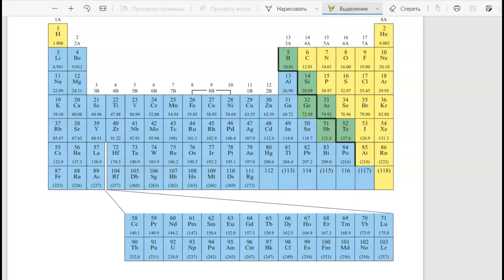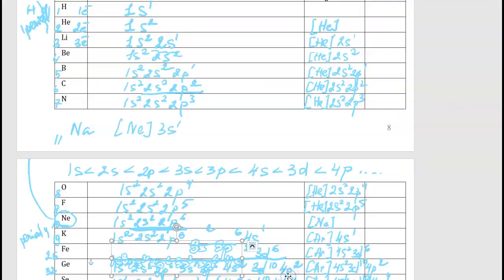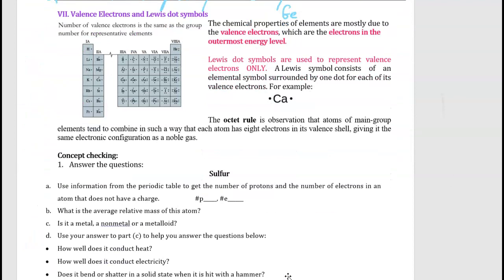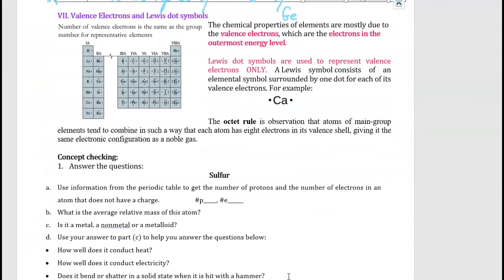Okay, but there is a definition: valence electrons. A valence electron, and we will use the periodic table to define how many valence electrons every atom has, right?